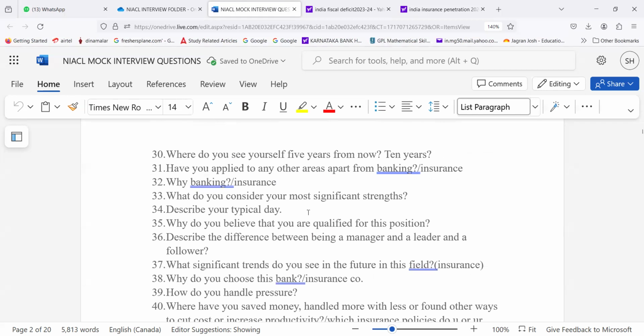Describe your typical day nowadays. Okay. Then you have to tell, I am now studying MBA in so and so institute in the first year. So my day starts at 6:30 or 7 when I get up. I dress up myself, get ready. Then I go to my college by bus. How do you travel?